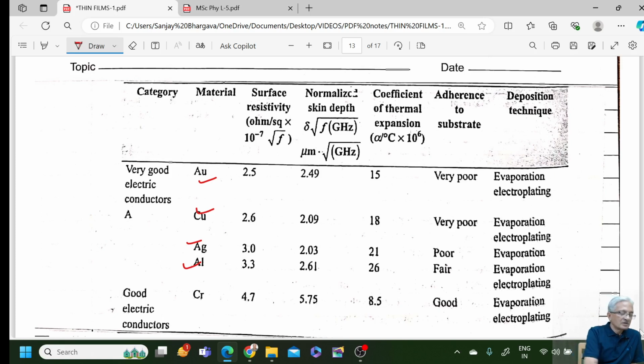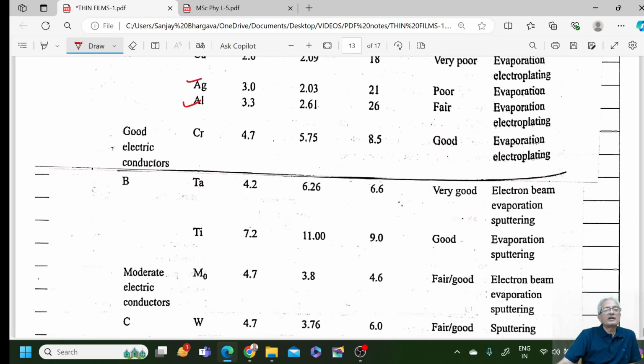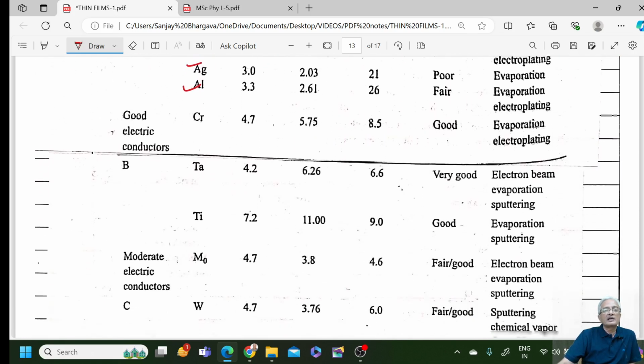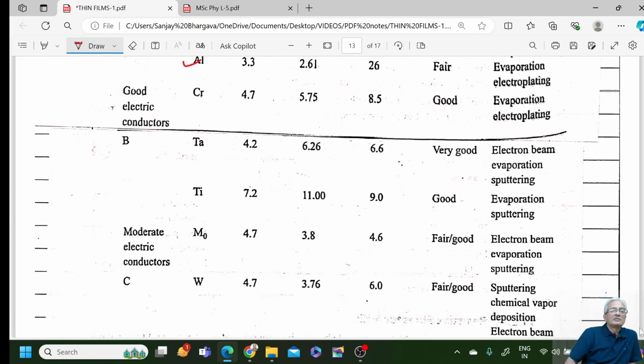This table shows their surface resistivity, normal skin depth, coefficient of thermal expansion, how it adheres to the substrate, and what the deposition technique is, evaporation and electroplating. When we come to category B, that is good electrical conductors, we have materials like chromium, tantalum, and these are the three materials here.